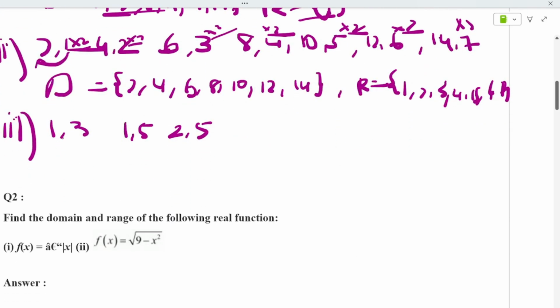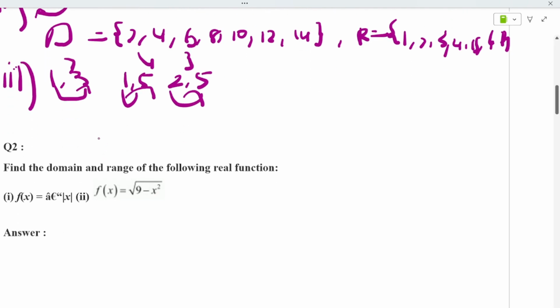Here, the element 1 has two different images, 3 and 5, so it is not a function.